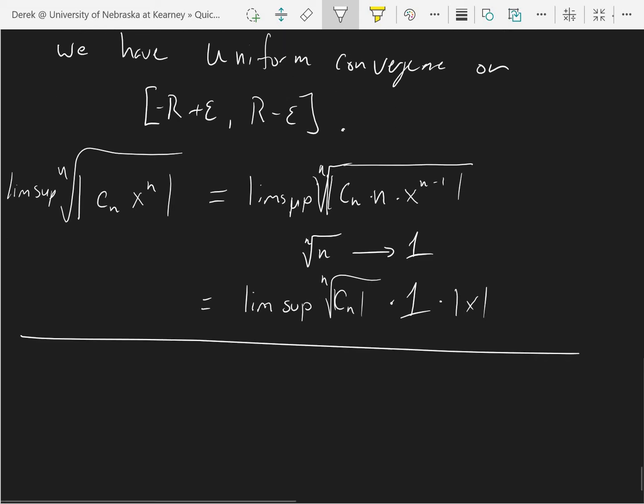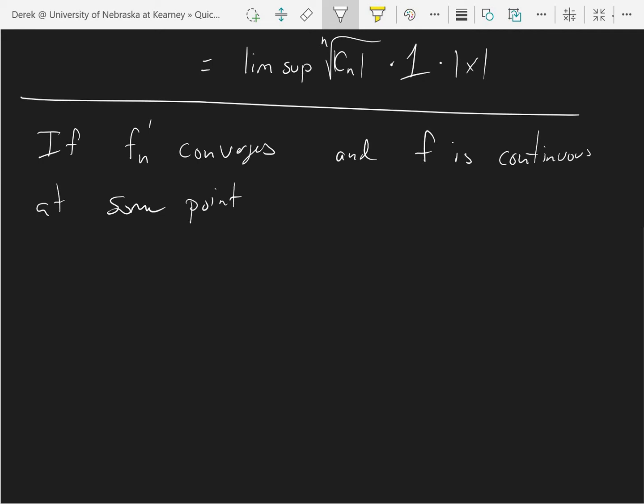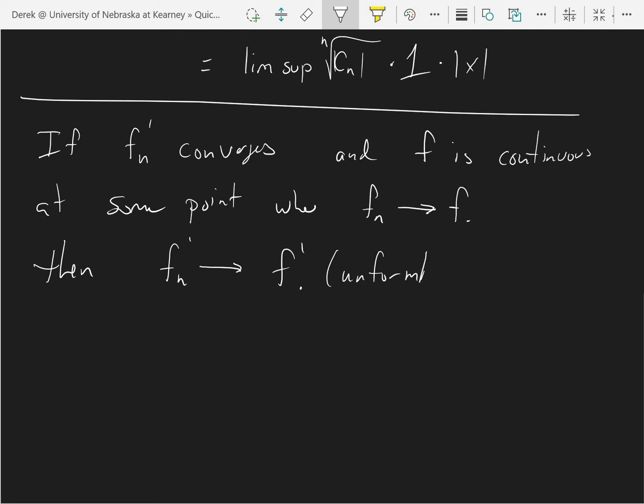Now, the theorem that we stated about derivatives and didn't prove was, let me recall that, if f sub n prime converges uniformly and f sub n converges to f at some point, then f sub n converges to f, and f sub n prime converges to f prime uniformly on all these intervals.